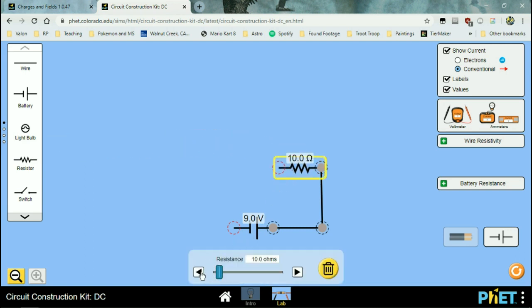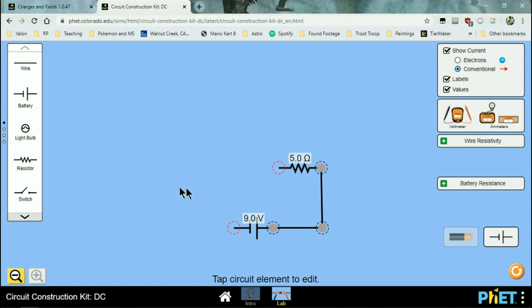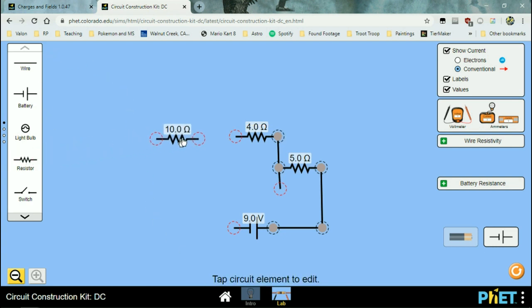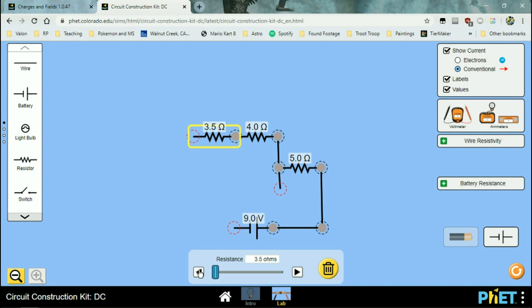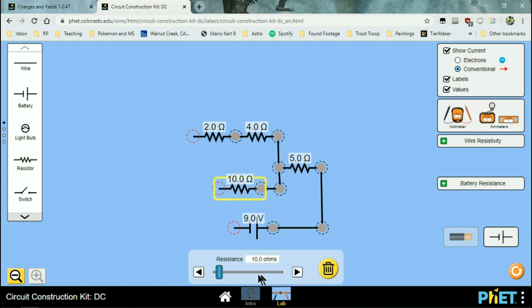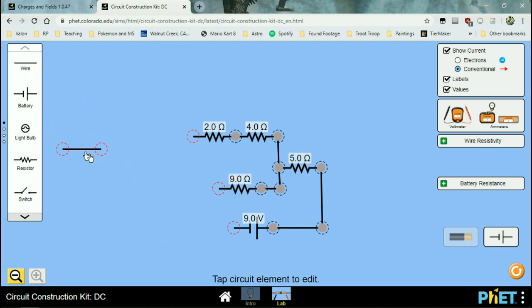Let's say this one is 5, this one is 4, this one is 2, and the one down here is 9.